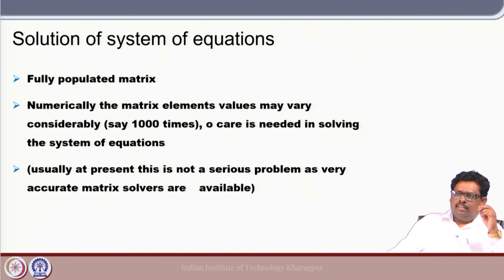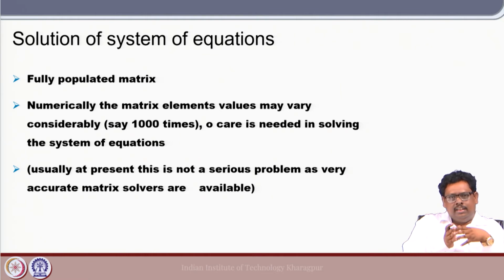But here, with i and j, the source panel and field point, it is everywhere. It is not diagonally dominant, because if i and j are very close to each other, then also the value will be very large. Therefore, all the elements are important here.